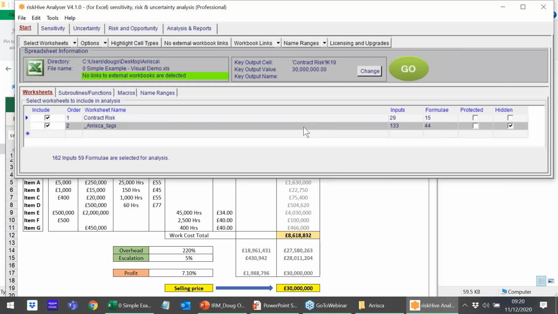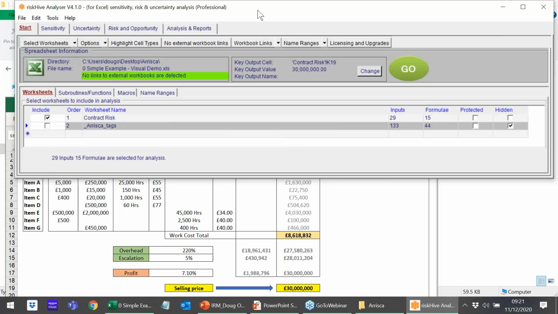And one of the benefits of doing sensitivity analysis using a tool is that within a very short time frame, we can understand more about the structure, the drivers, and how it runs than the person who built the model in the first place. So here we know where all the formulas are, where all of the inputs are, and how the model's wired together. We find all the macros, all the named ranges, and so on. It's even identified this hidden worksheet over here, which we couldn't see with the naked eye. I'm going to exclude it from the analysis because we don't really need it.